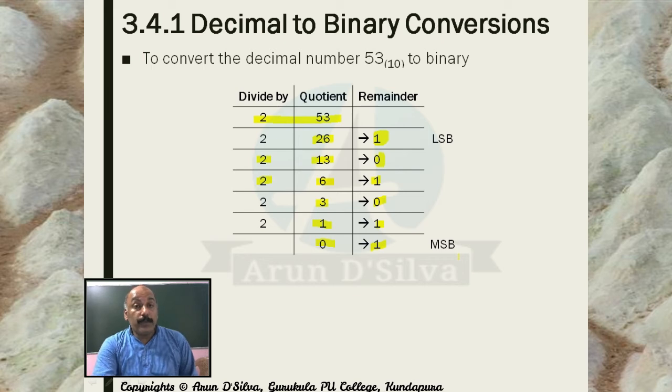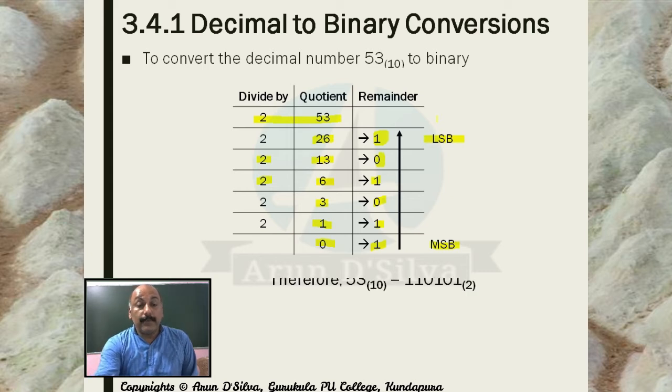As I told you in the procedure, the first remainder becomes the LSB and the last remainder becomes the MSB. And how do we note it down? From down to upwards, from MSB to LSB. So this is the way. 53 in decimal is 110101 in binary.